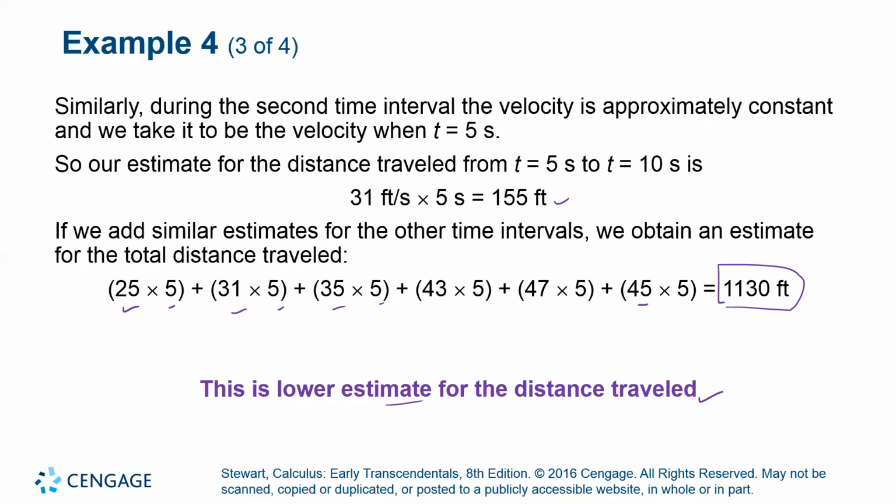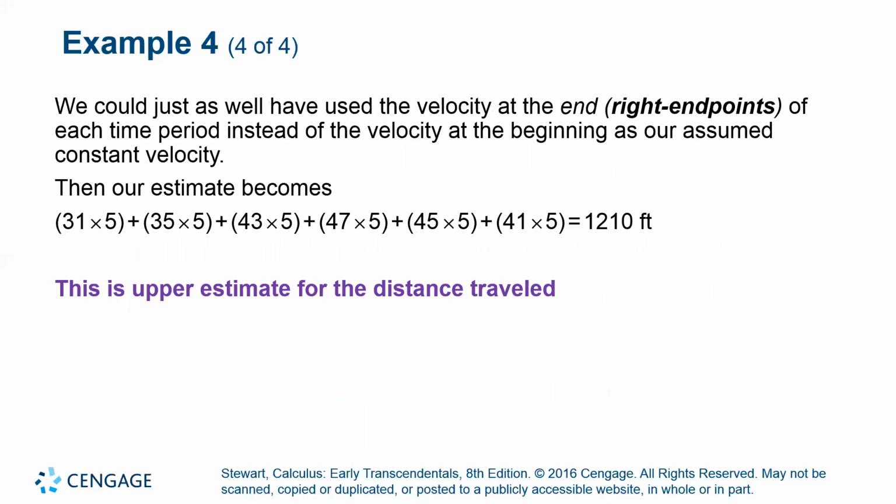Now if you continue, this time we want to use the velocity at the end. This is the right endpoints. For the subintervals, let's write them. The first is 0 to 5, and the second is 5 to 10.